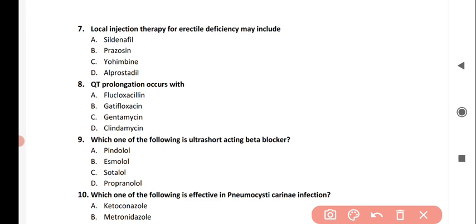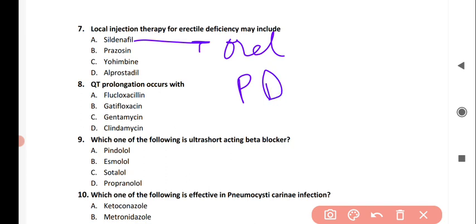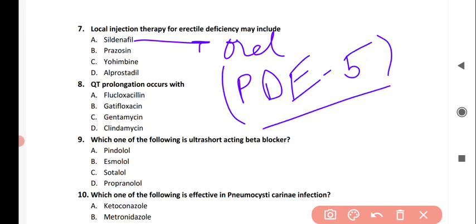The first drug, sildenafil, is given by the oral route and is used in erectile dysfunction, and it acts as a PDE5 inhibitor. Sildenafil is an important question: how does sildenafil show its action, or what is its mechanism of action. It is an important question.